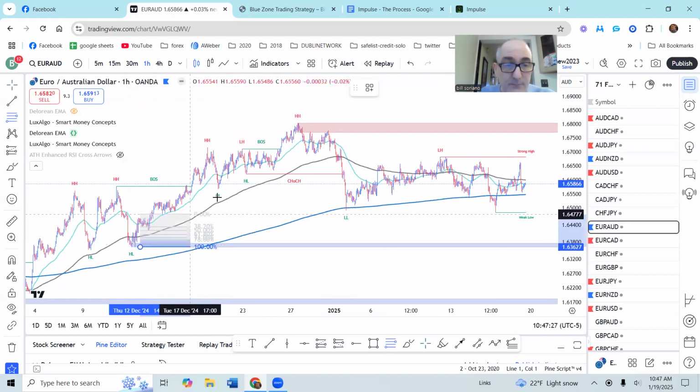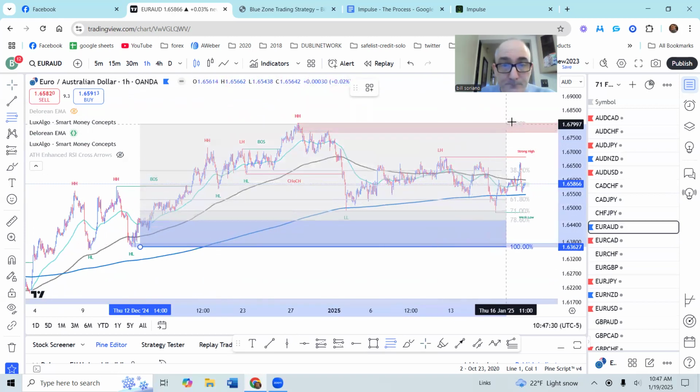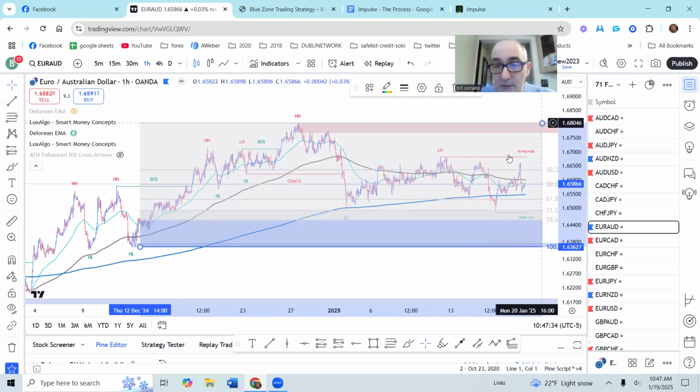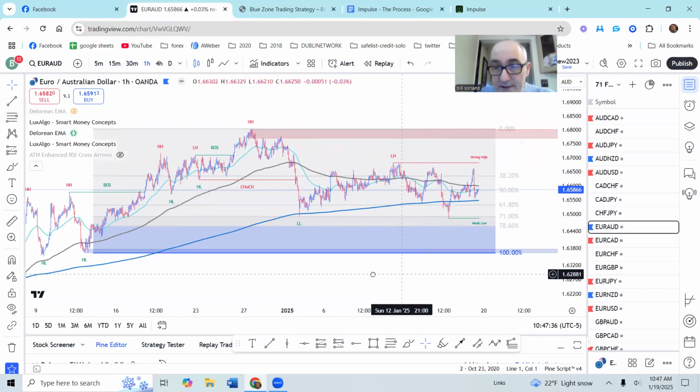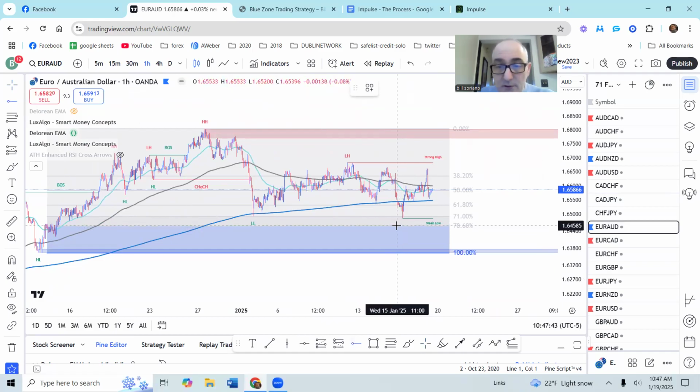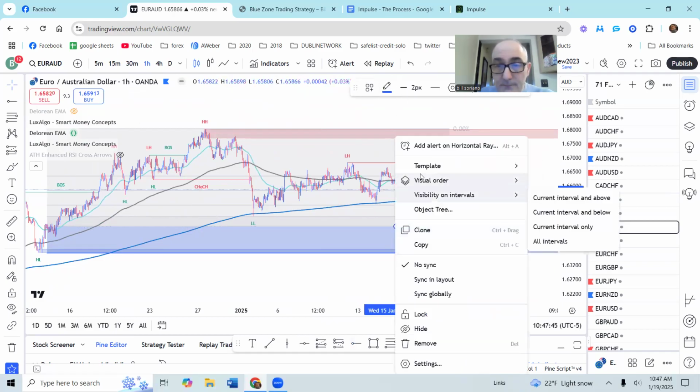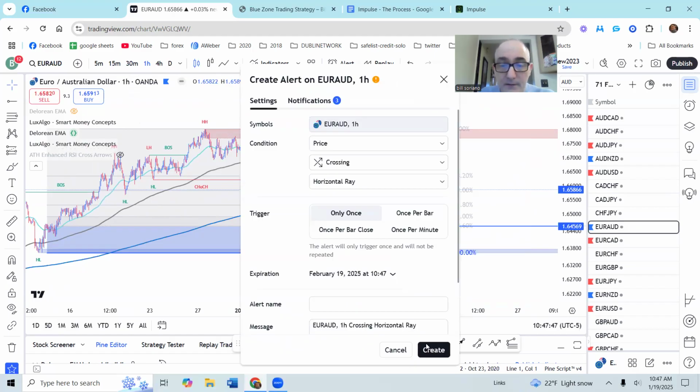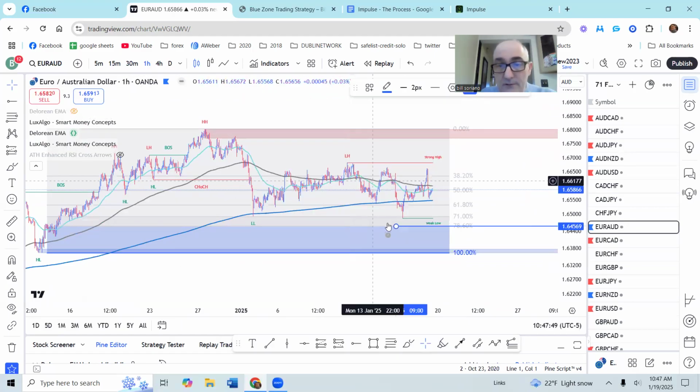We're going to draw it from the bottom up to the top. And so this gives us our blue zone right here, which starts at the 78.6 retracement to the 100. And that's simply where we set our alert, right? And that's a 1 hour alert.